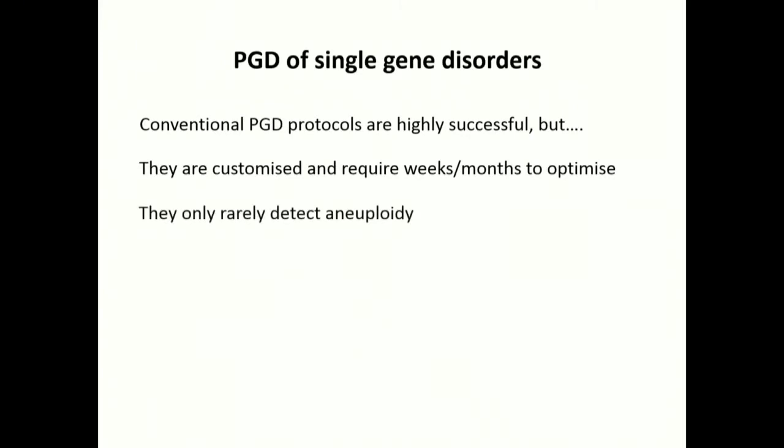The other issue with conventional PGD technologies is that while they're very good at detecting an affected embryo, they don't really detect anything else. And there are many other genetic problems which are very common in our embryos and would ideally be detected. And the chief amongst these is aneuploidy.